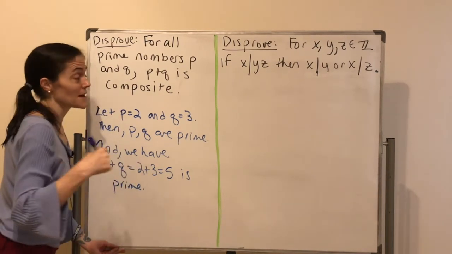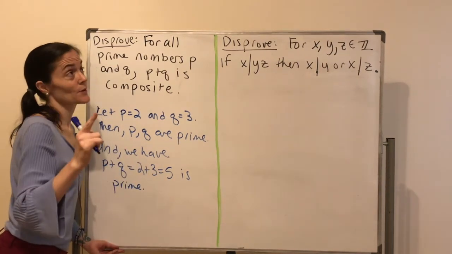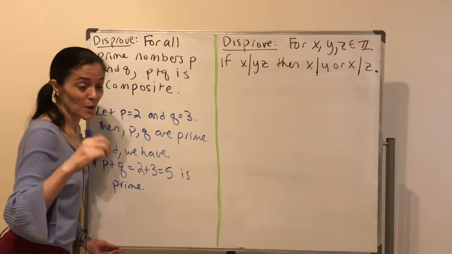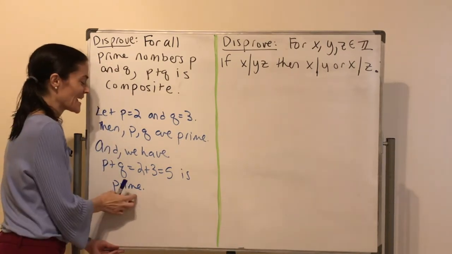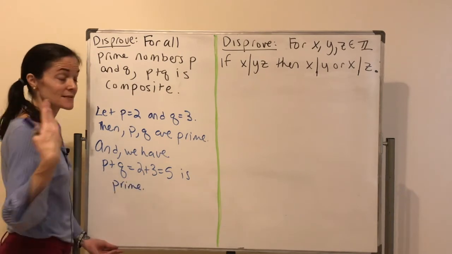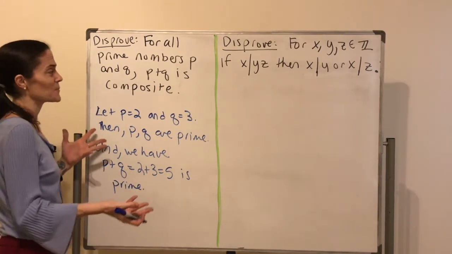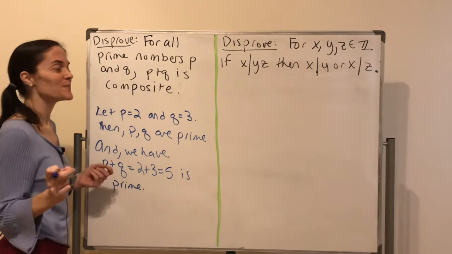The definition of composite integer or number is an integer bigger than 1 that is not prime. And so in particular, 5 is not composite. And this completes this counterexample.